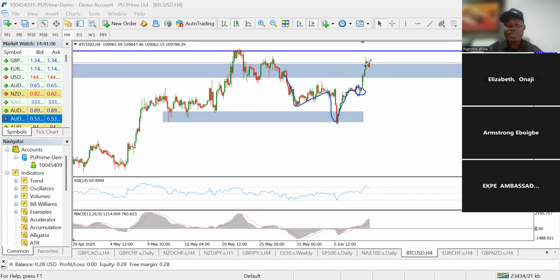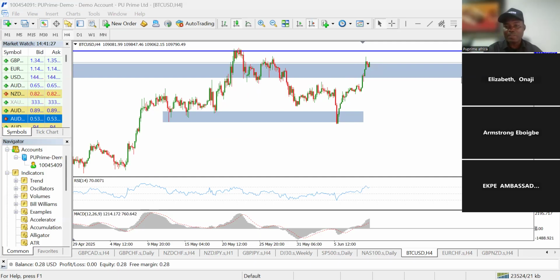After the analysis yesterday, I said the first point of call is that BTC will trade within this resistance zone. Then if it breaks above it, it will chop the resistance upwards, from where you should expect further bullish breakout. So the first phase of the movement on BTC is already complete.